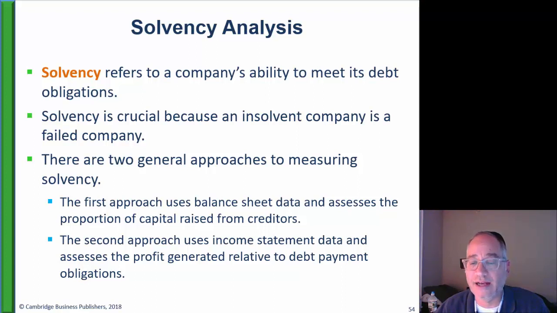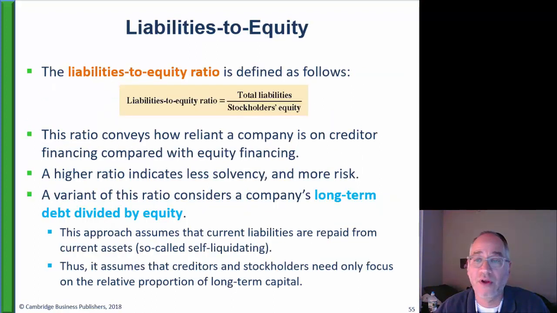There are two approaches to analyzing solvency. One is balance sheet based, and the other is income statement based, and we'll go over both. One ratio for doing this is liabilities to equity. Just divide liabilities by total stockholders' equity. Another approach is the debt equity ratio, which is long-term debt divided by equity. I happen to like, and it's not in here, liabilities divided by assets.